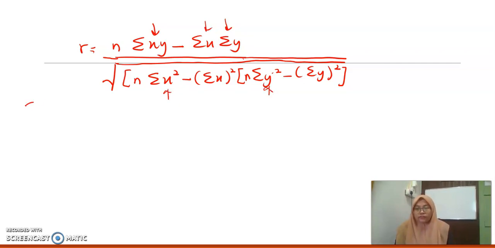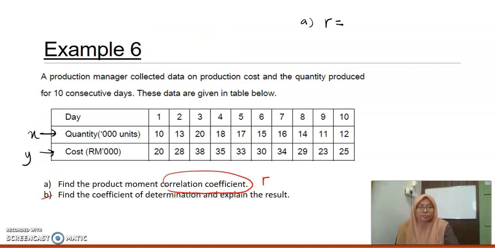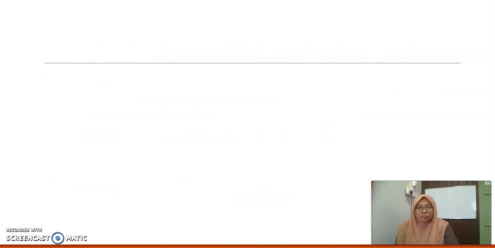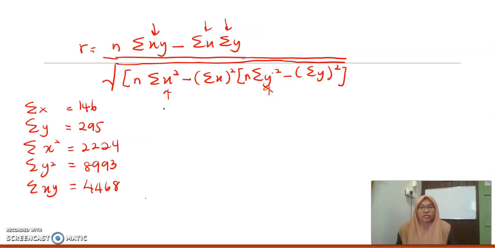You can retrieve all of these 5 values using your scientific calculator. Because this is the same example as the previous video, I just copy from this one here. Next step, plug in the 5 values into the formula of R.